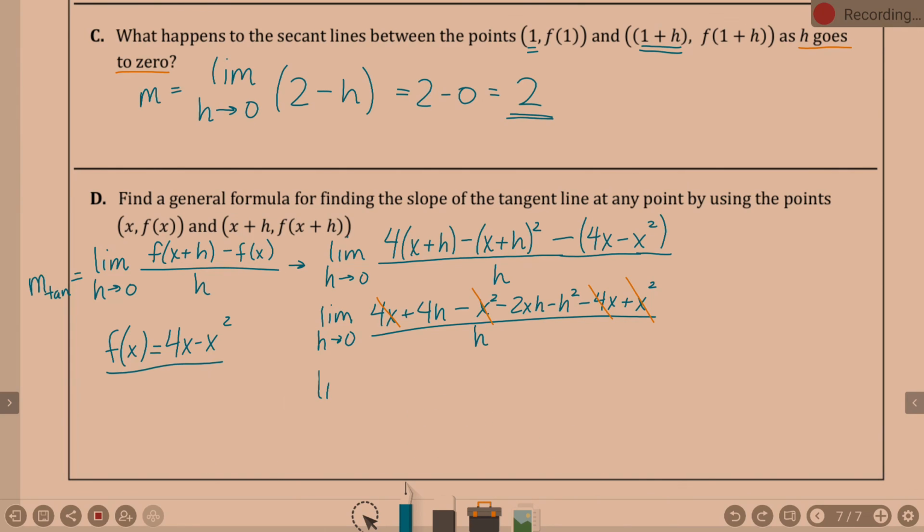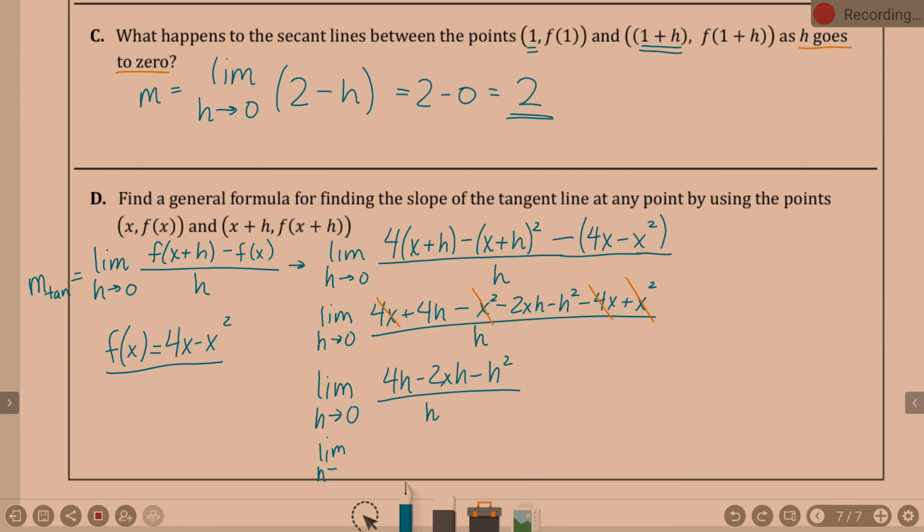Limit as h approaches 0 of 4h minus 2xh minus h squared all over h. Factor out that h. Factor out what should be an h on top.